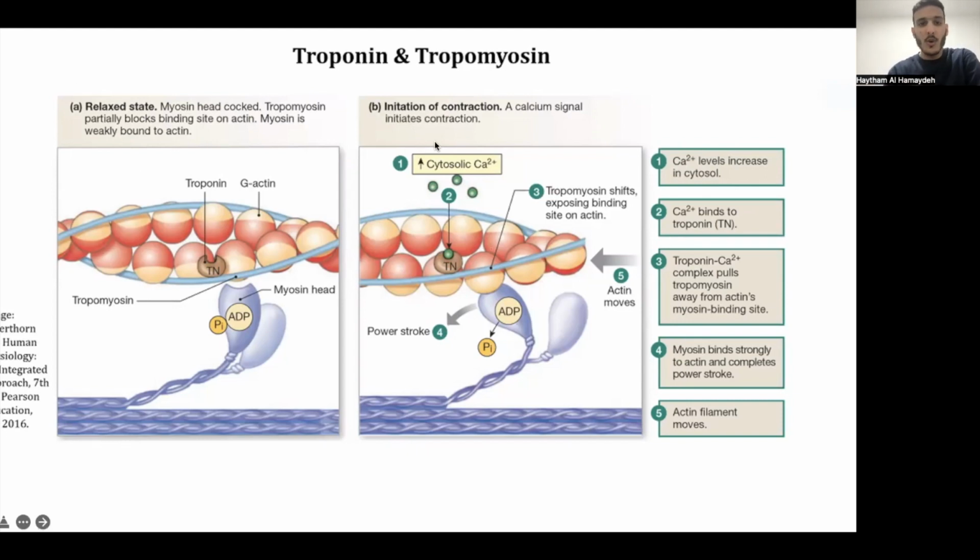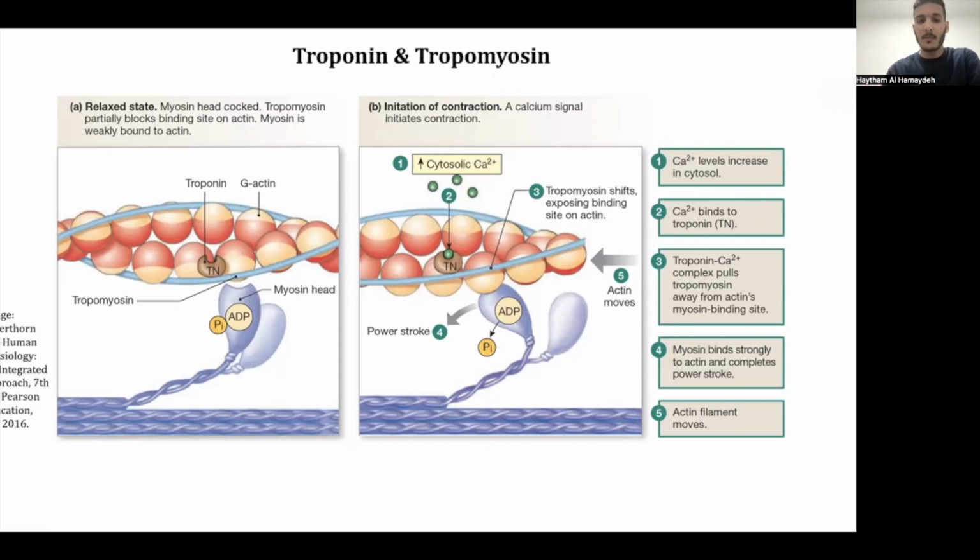So troponin is basically the main regulatory molecule, and tropomyosin is the one that can be activated or deactivated due to the action of troponin.